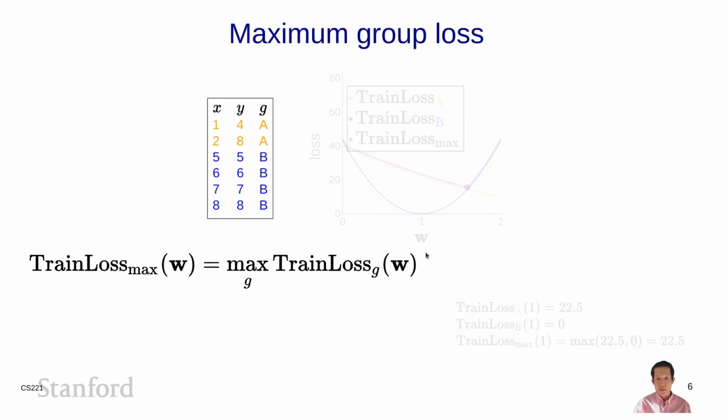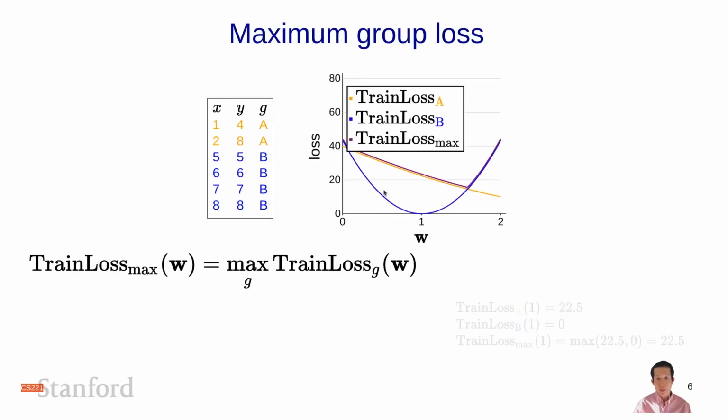Visually, what this looks like is as follows. Remember we had in orange the loss of group A, and in blue the loss of group B. The maximum group loss is this function of w, which is going to be the point-wise maximum.